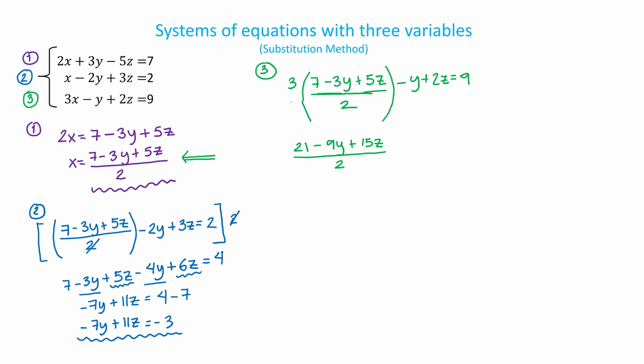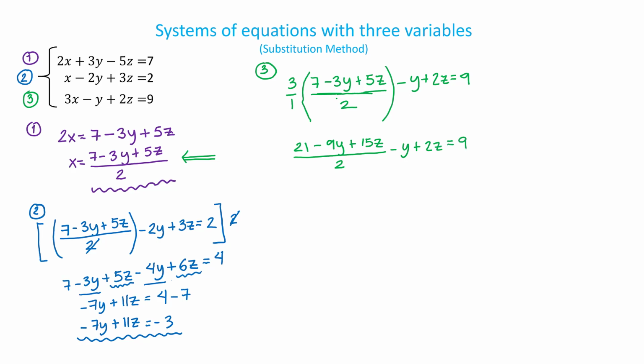Remember that when you multiply an integer times a fraction, your integer is as if it had a 1 beneath it. So you multiply 3 times the number in your numerator, and 1 multiplies the denominator, so that's why your denominator stays the same. So I have 21 minus 9y plus 15c over 2, minus y plus 2c equals 9.